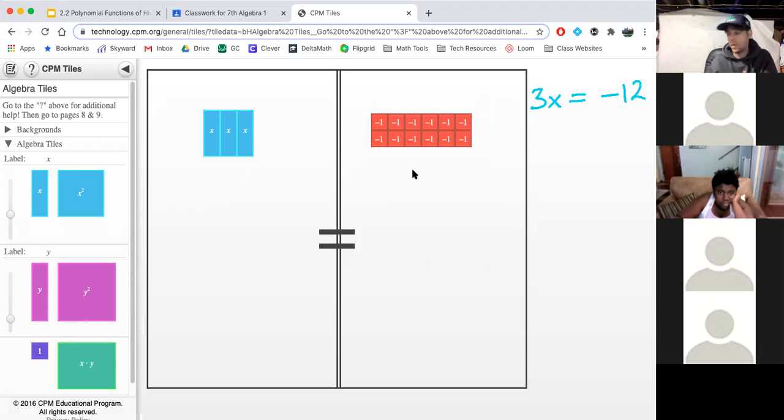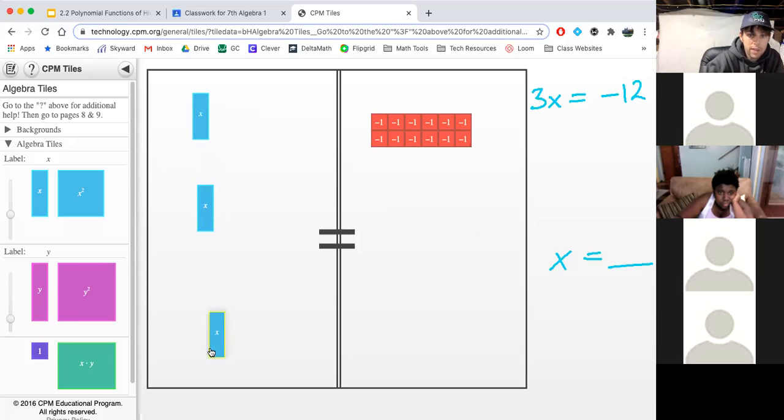So again, remember, we want to know what each of these x's is equivalent to. In this case, we have 3 x's, and we want to know what each x would be equal to. So I need to take my tiles here and divide them into 3 equal groups, because I have 3 x's.